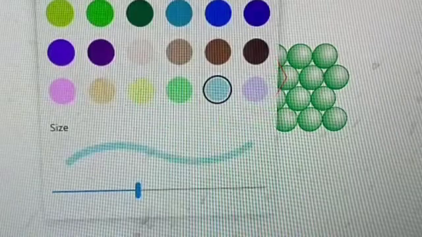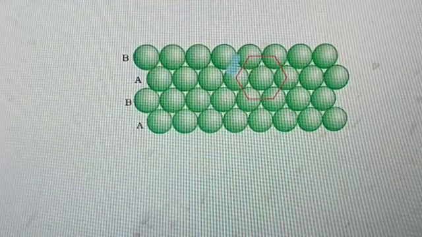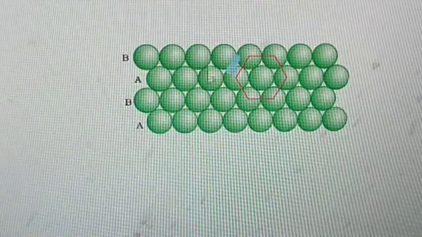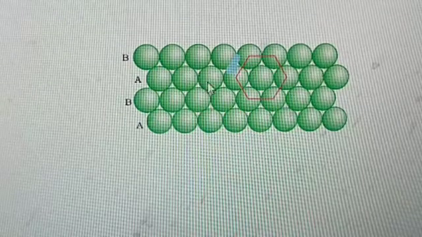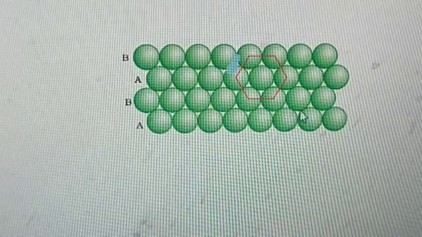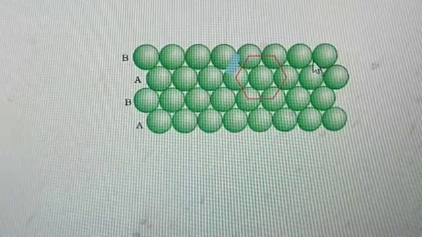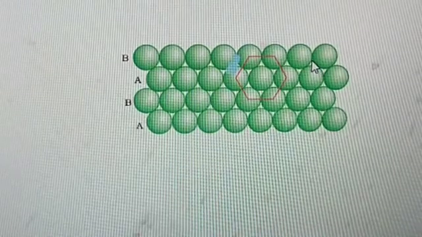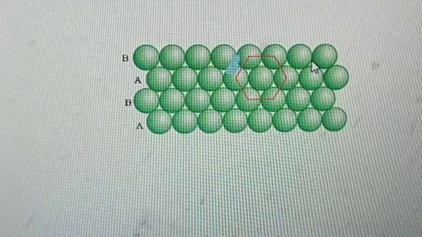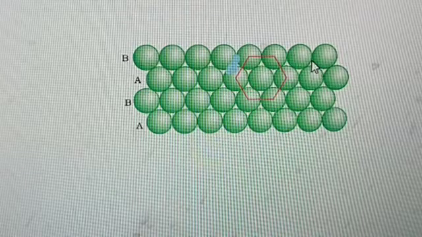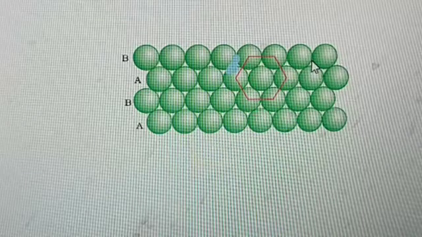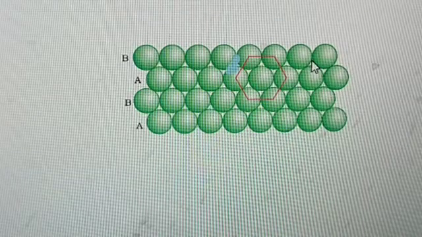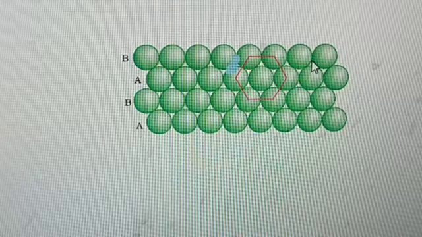As the free space is very less, this packing is more efficient than the first one. See here, this is the free space, this is the free space, and this is the free space. So when we compare with the AA arrangement, the free space in the AB arrangement is less, so it is more efficient than the AA type of arrangement, which is nothing but square close packing.